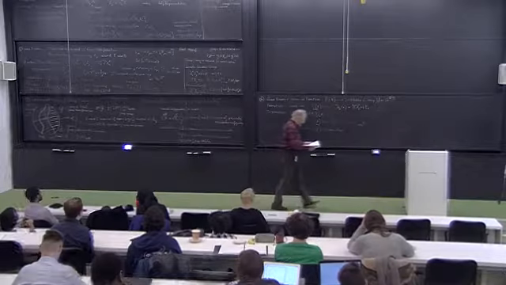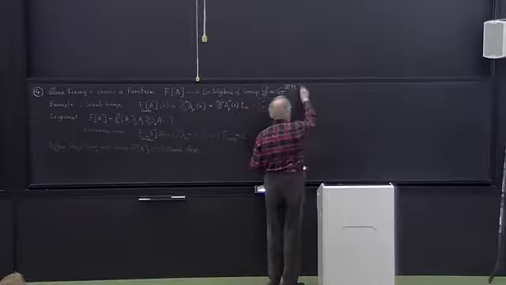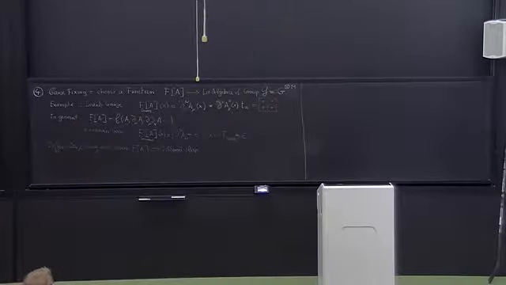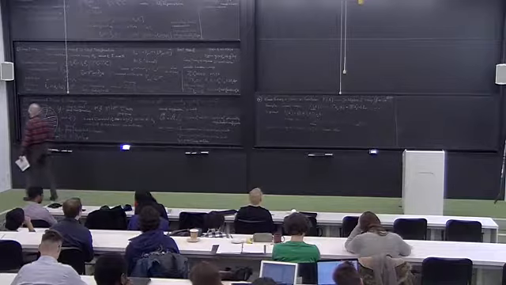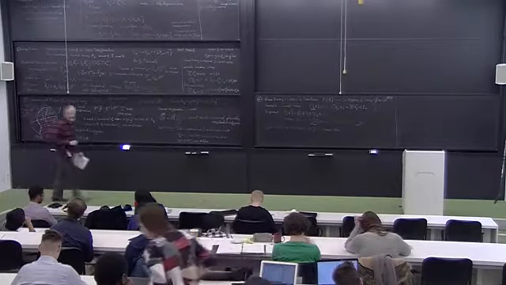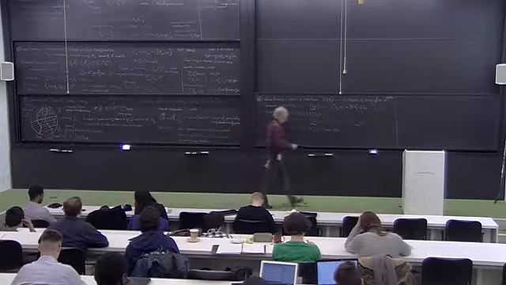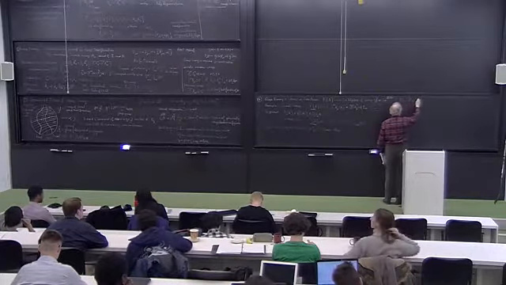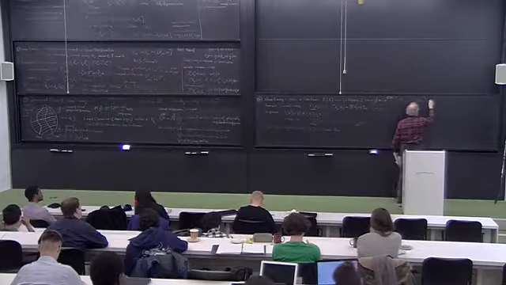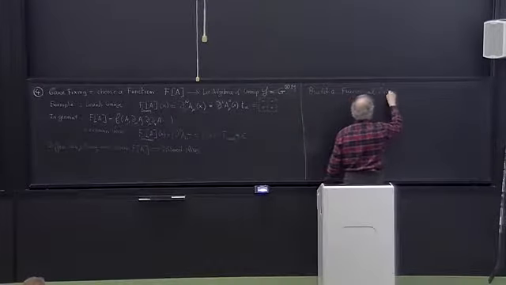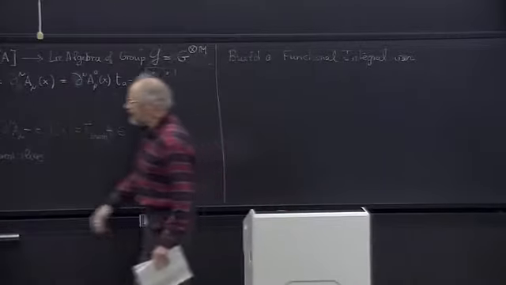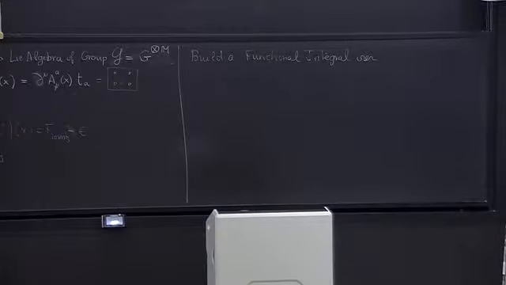Okay, so now the question is, how do I try to build a path integral, a functional integral? So now I want to construct a functional integral over the space of inequivalent configurations.